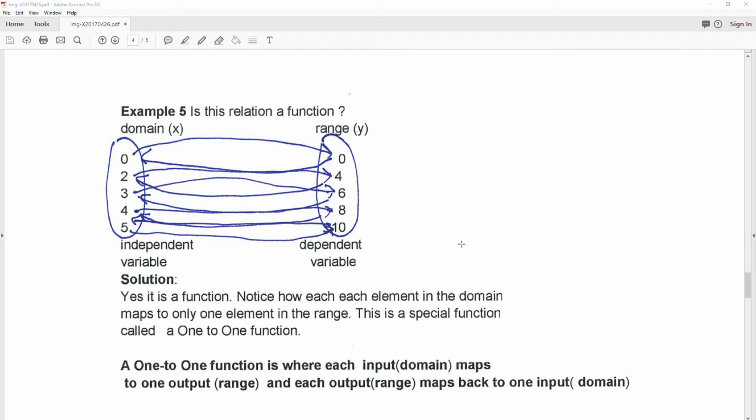This makes it a one-to-one function. So 0 maps to 0, and it maps back. Okay, 2 maps to 4, and 4 maps back to 2. So it's a one-to-one function.